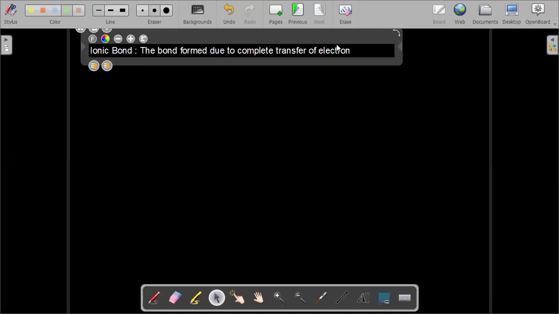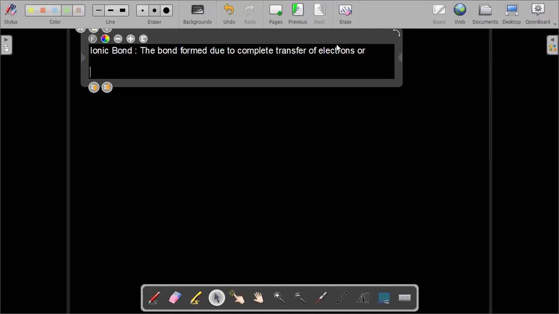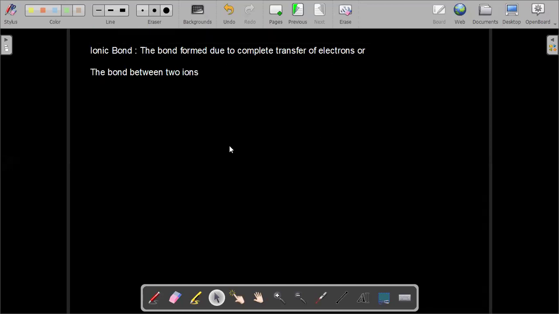So both the definitions are correct. The bond formed between two ions that we call the ionic bond, or the bond formed due to the transfer of electrons. So both the definitions are same.